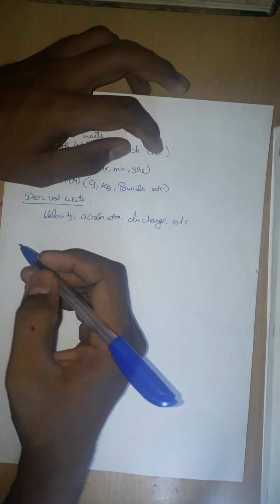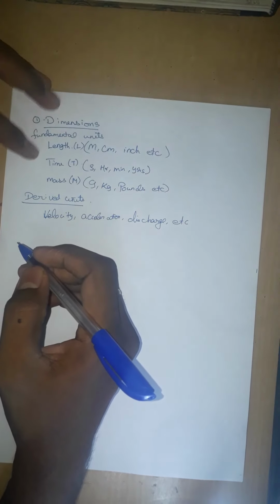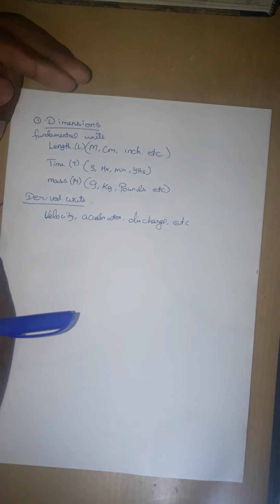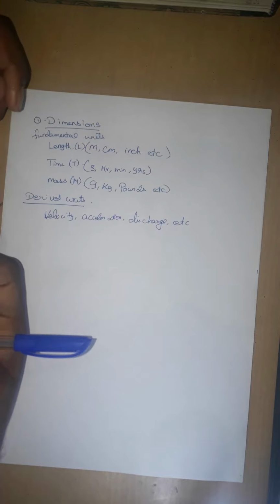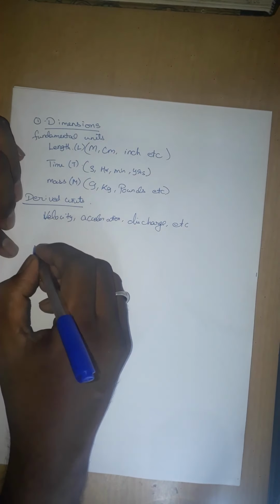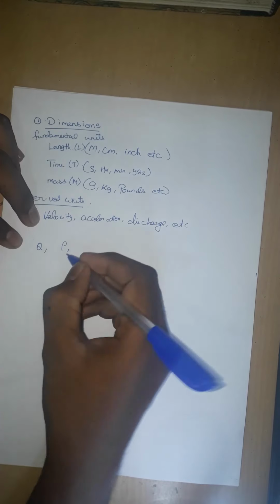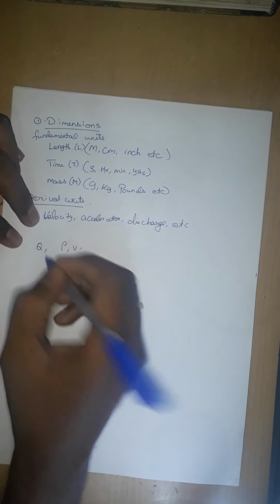The importance of dimensional analysis is when we want to derive a relation between two terms. For example, we want to derive the relation between discharge, density and velocity.